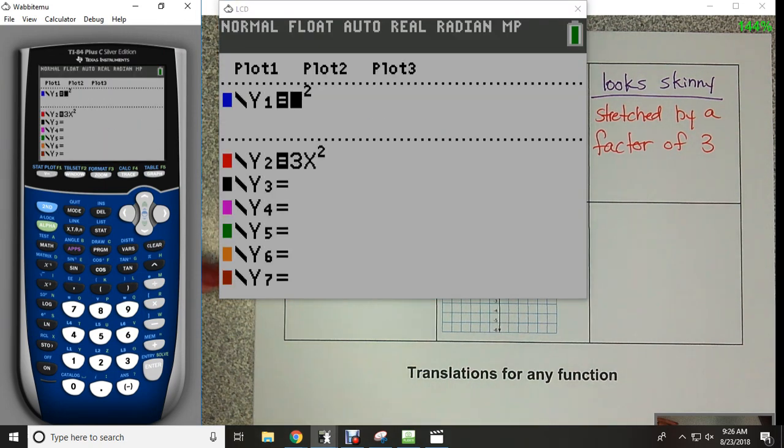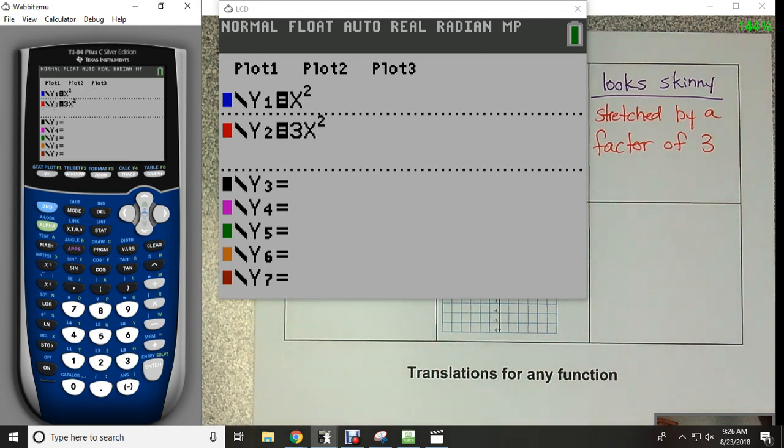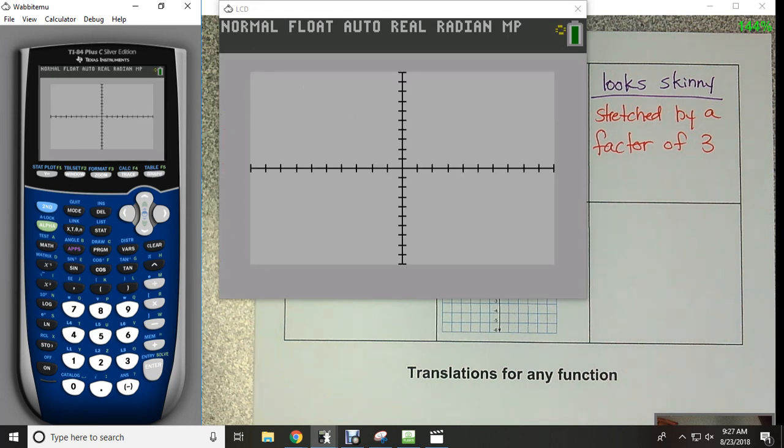So let's go down, and I'm going to clear out this whole thing just because it's easier. 1/4x squared. And let's graph it. There's the parent function. There's the new function.